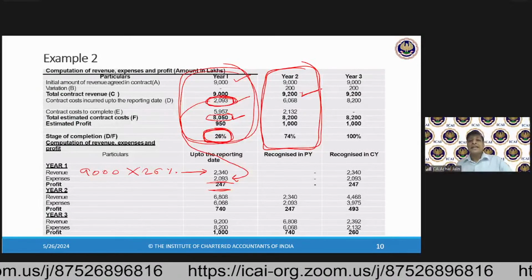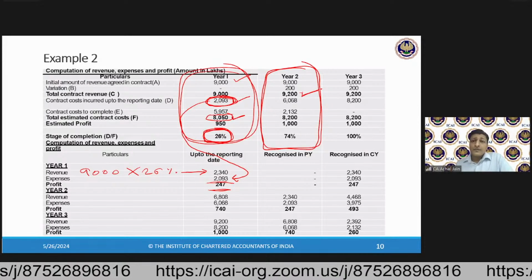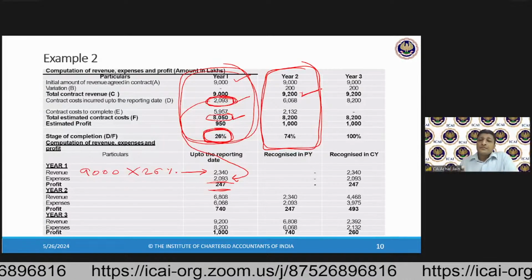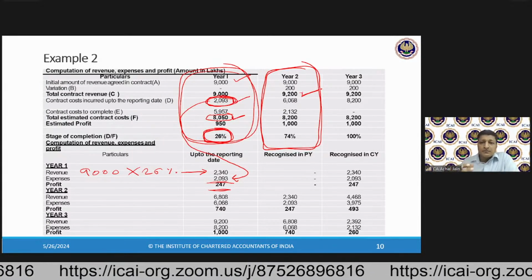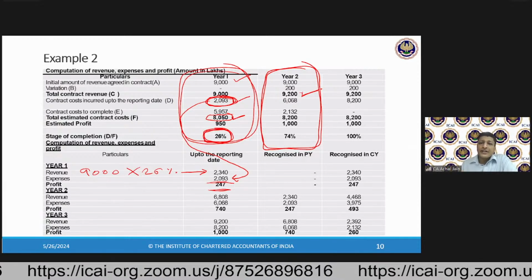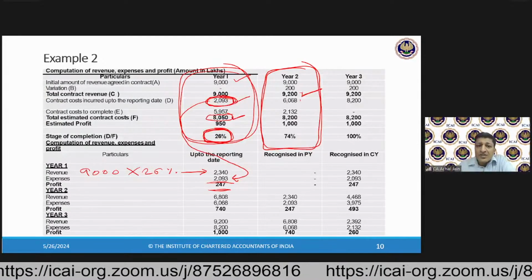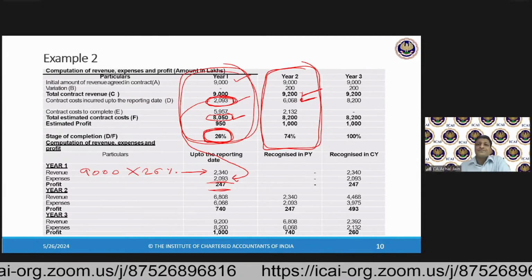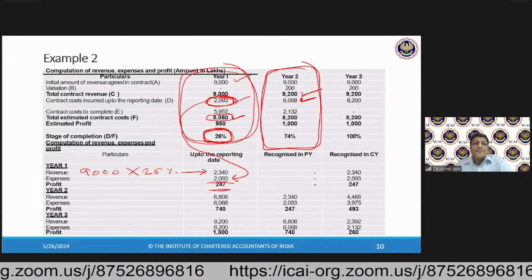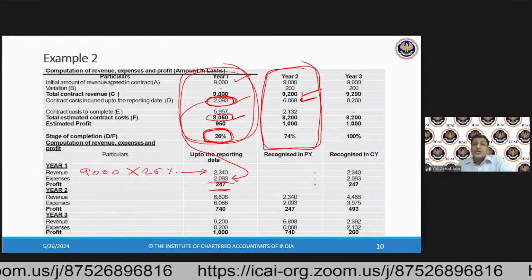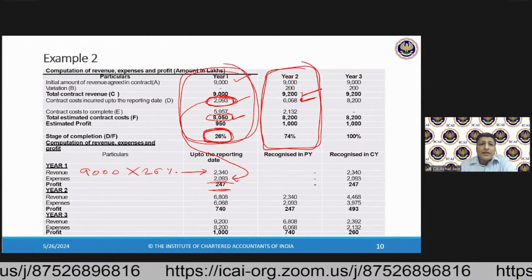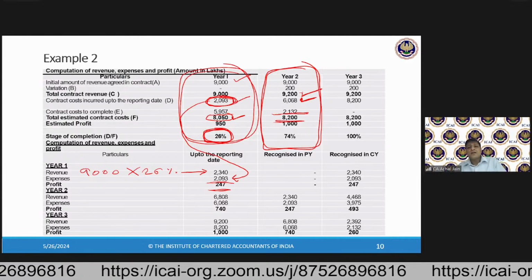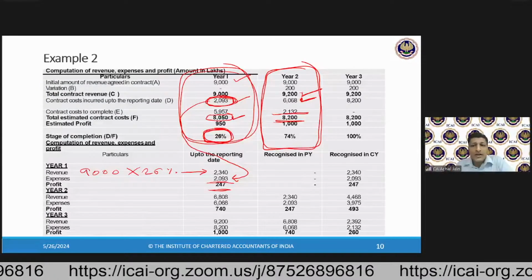And up to year two, the actual cost incurred is 6068. Now my estimated cost has also gone up. This has become 8,200. Correct?